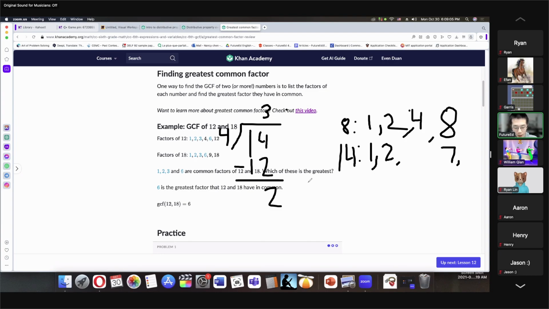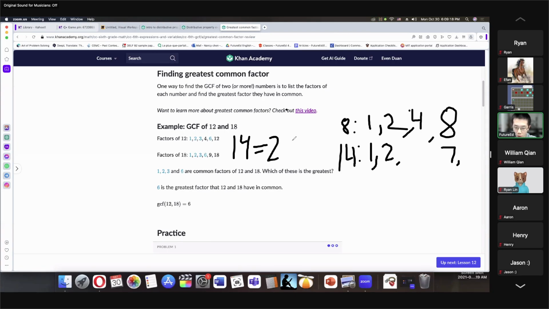And actually, we could have seen something, which is that when we saw the 2 and the 7, we see that 14 is equal to 2 times 7, right? And what do you know about 2 and 7? 2 is only divisible by 2 and 1. And 7 is also only divisible by 7 and 1.